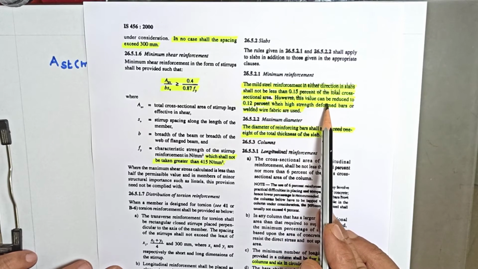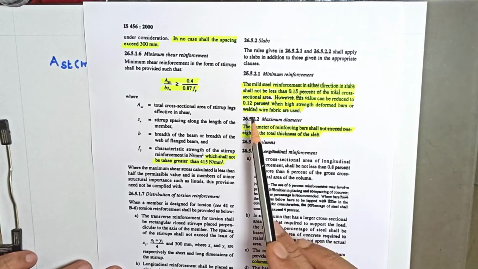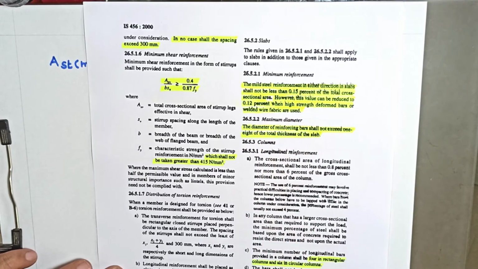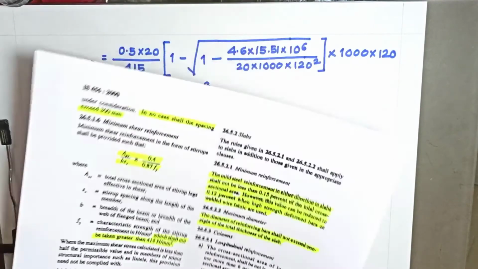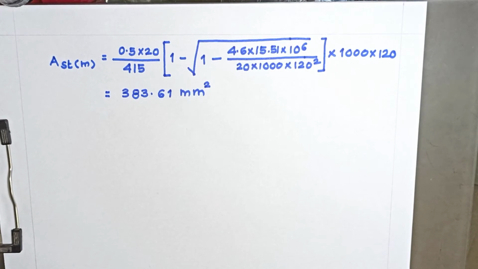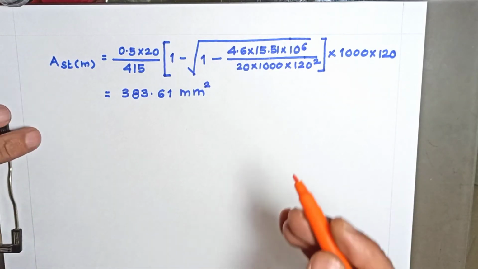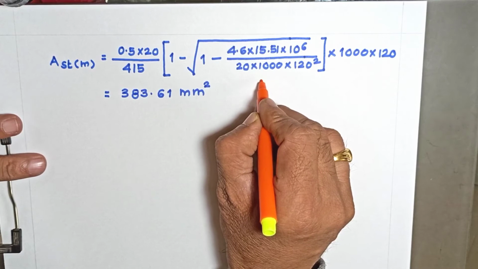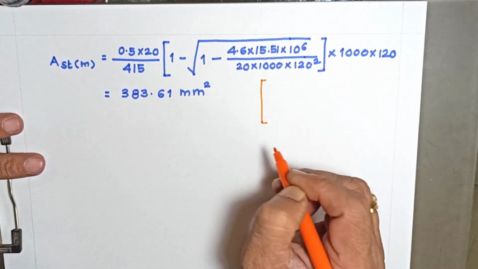However, this value can be reduced to 0.12% when high strength deformed bars or welded wire fabrics are used. Now here we are using Fe415, that is high yield strength deformed bars. So it will be 0.12% of the total cross-sectional area. So look here what I am showing. Here I have shown you that particular clause.